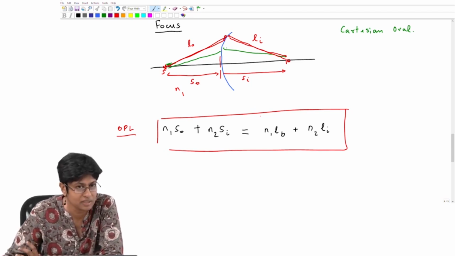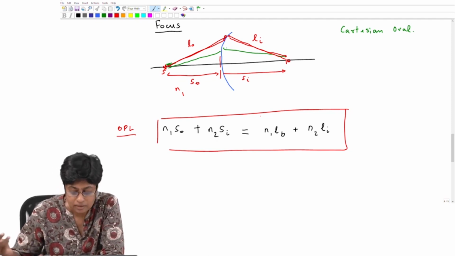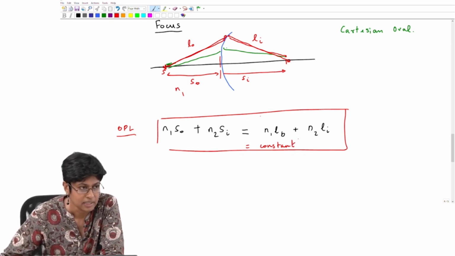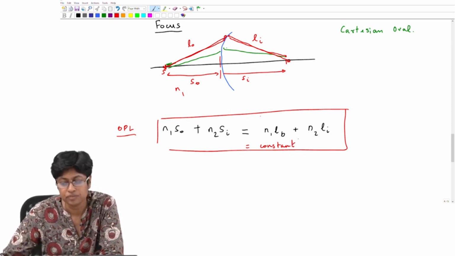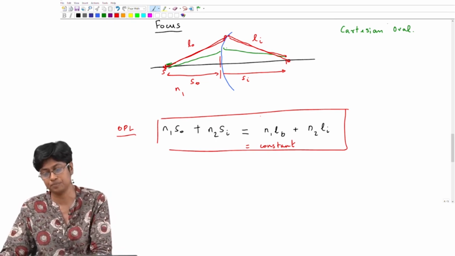However, it has traveled a distance L naught in medium N1 and a distance Li in medium N2. In other words, we are saying this should be a constant. And we went on further to say that there is such an interface, there is such a shape that will satisfy this equation. That shape is the Cartesian oval.